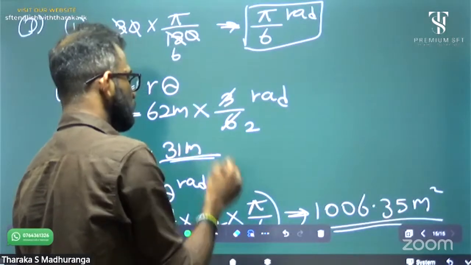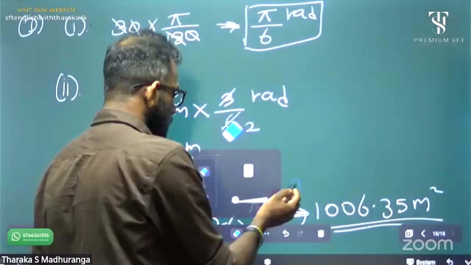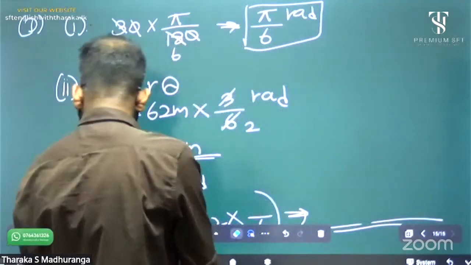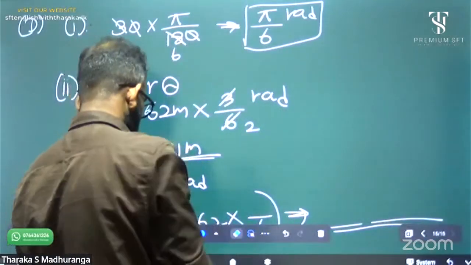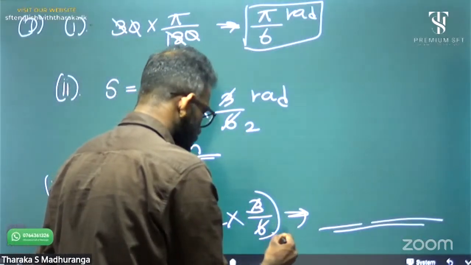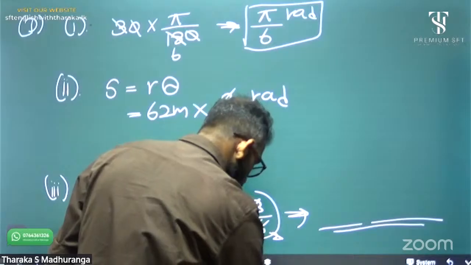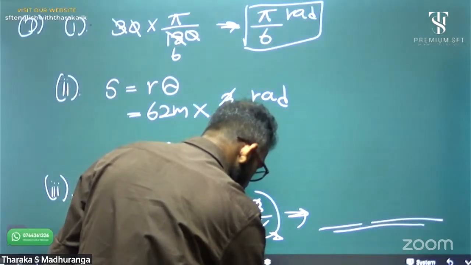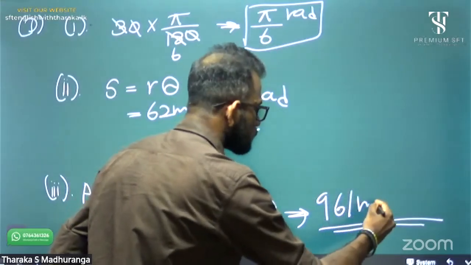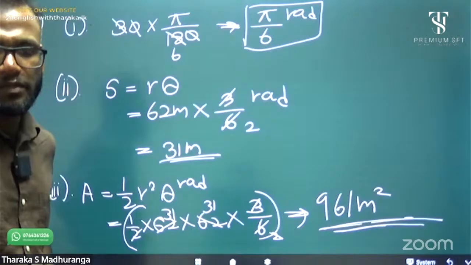Pi equal 3 means cancel. Okay, that one also same. Pi equal 3. Then again cancel. 2 and 31. 31 into 31 is 31 squared. 31 into 31 is 961 square meter.